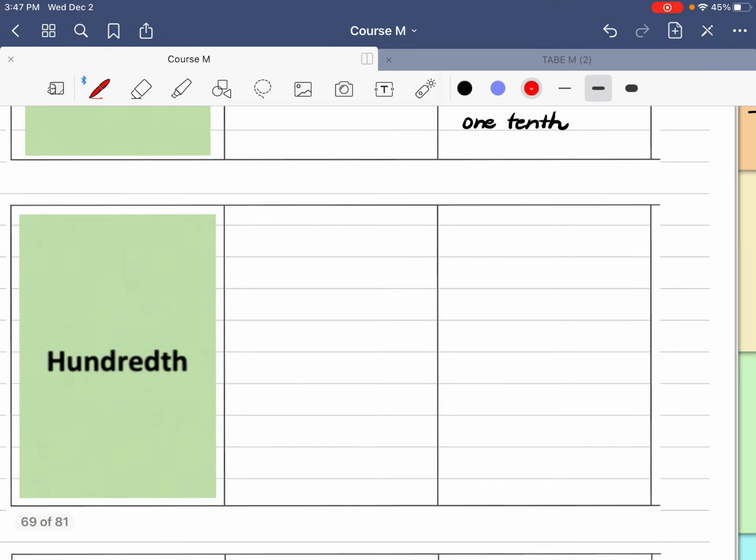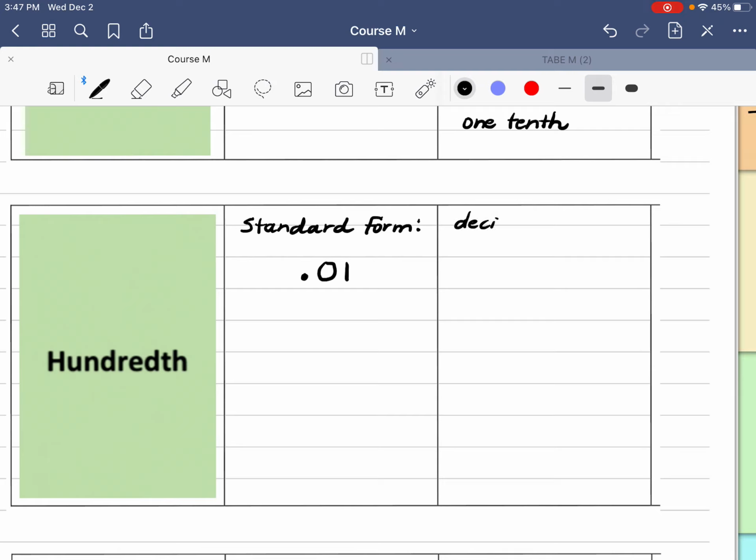Hundredths in standard form is 0.01. It's 2 decimal places.